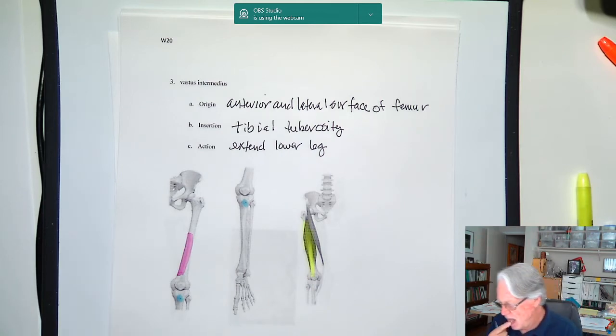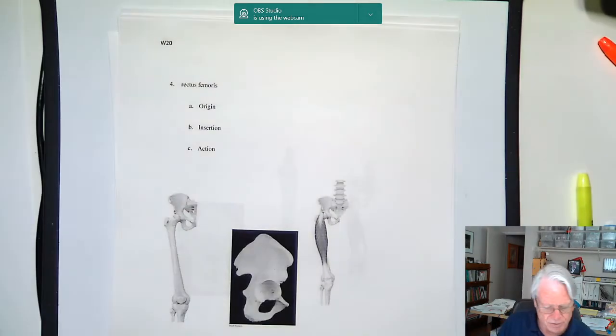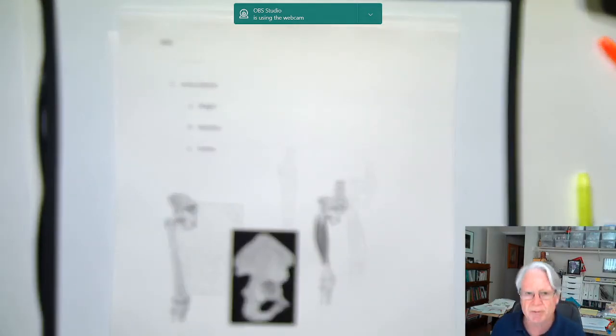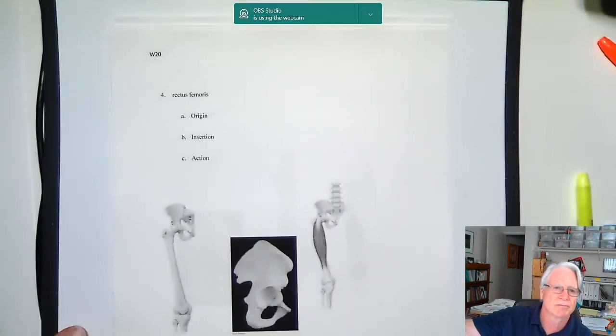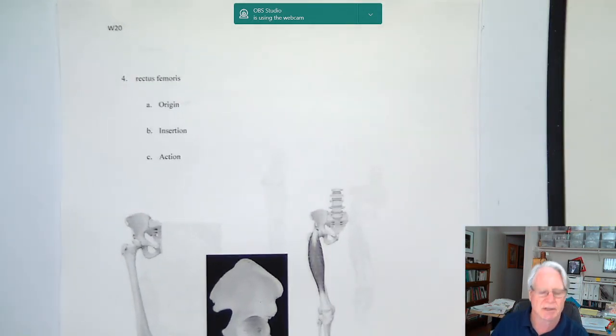All right, vastus intermedius. Let's go ahead and do the next muscle, which is rectus femoris. And we're going to go ahead and put down origin. And here I want you to notice something. So I'm just going to write it down and see if you notice the differences here.